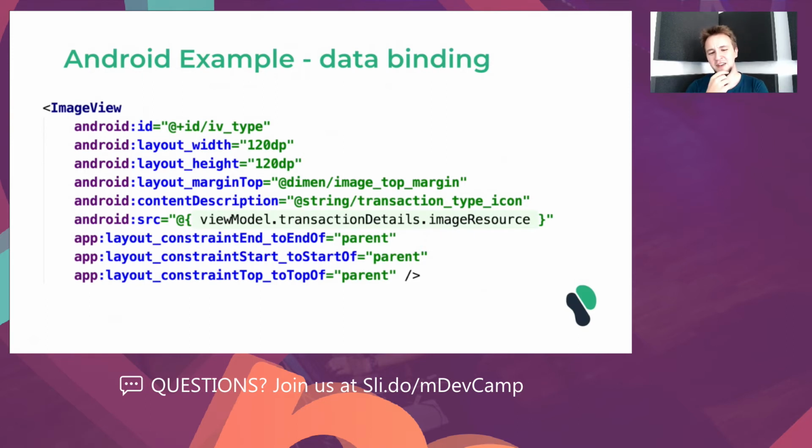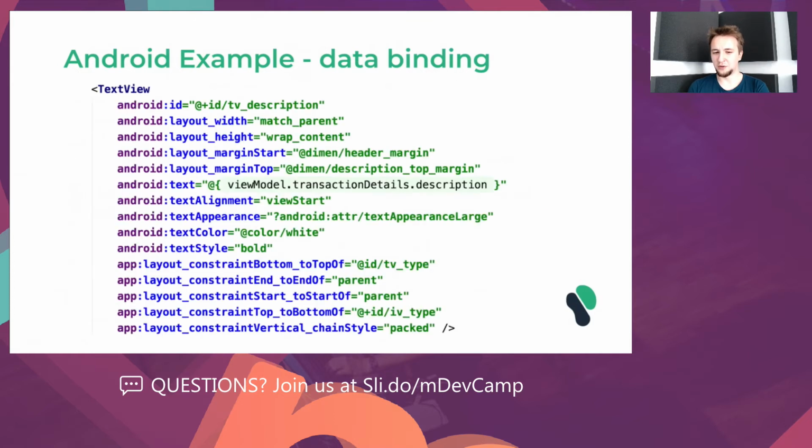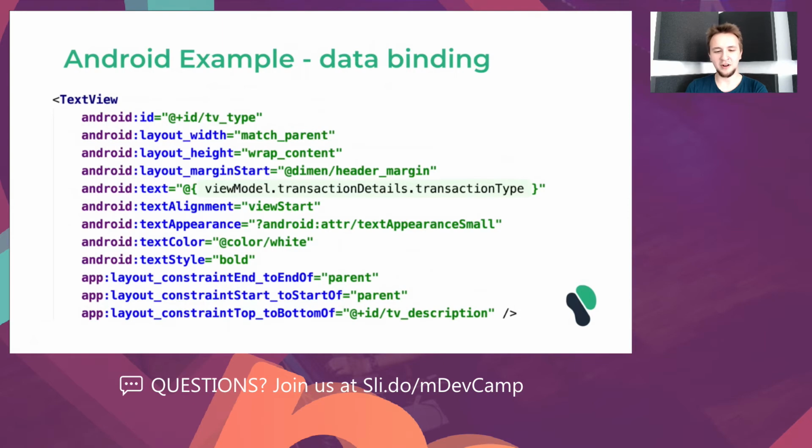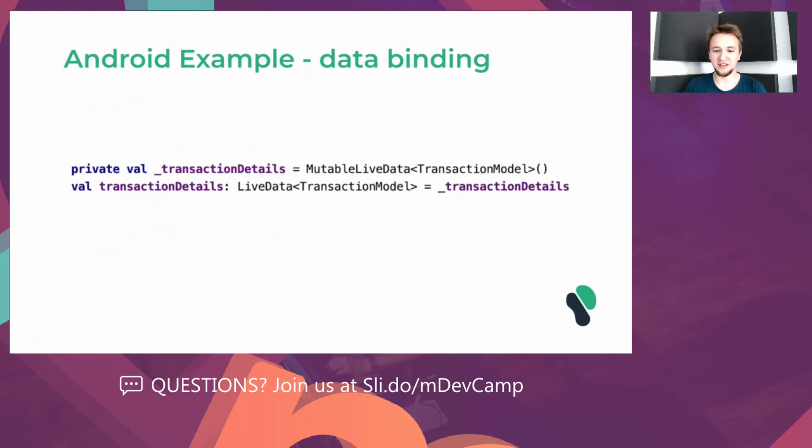As you can see, this row, Android source, view model, transaction details, image resource, is somewhat similar to this Android text, view model, transaction details, description, which is again quite similar to this Android text, view model, transaction details, transaction type. I think there is some boilerplate code going around here. And of course, there is this obligatory property in the view model to which the individual views are mapped.